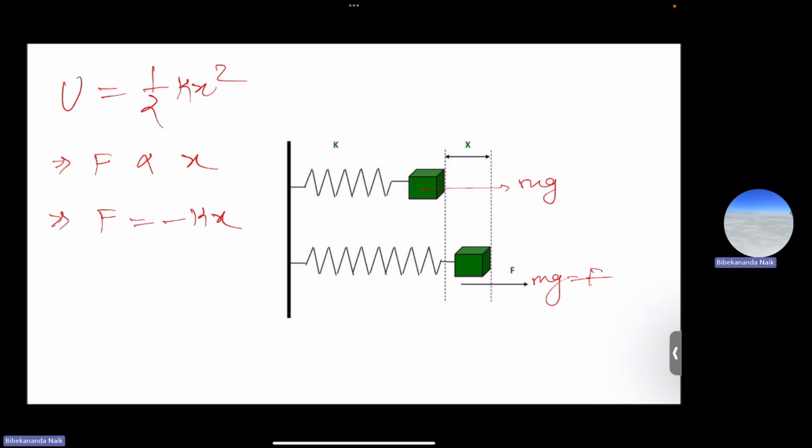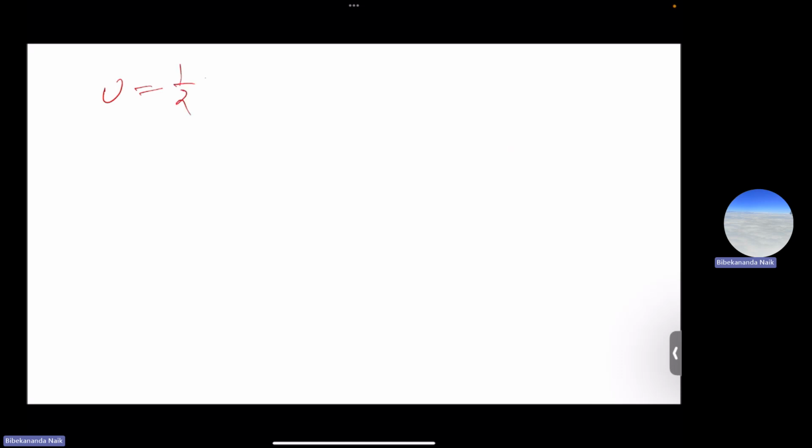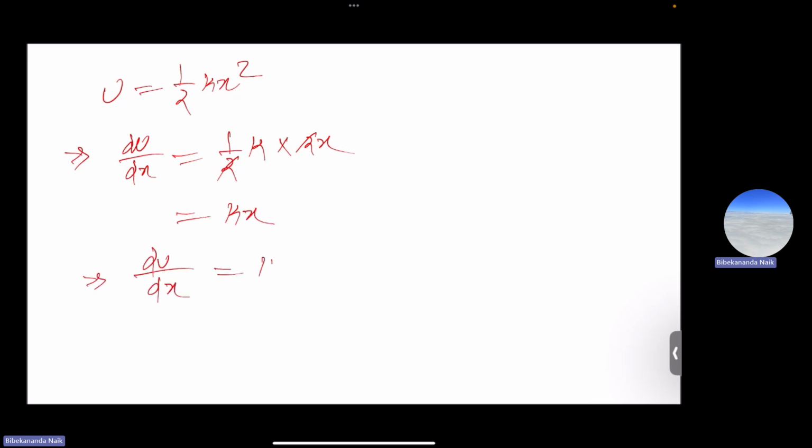If we take the integration of F dot dx, it will be minus kx dot dx. So U will be half kx square. When U is half kx square, then dU by dx will be half k into 2x. So dU by dx will be kx. Since dU by dx is kx, dU by dx is directly proportional to x.